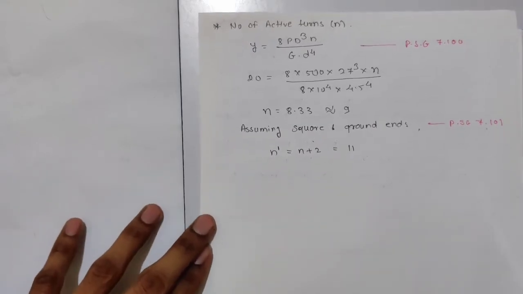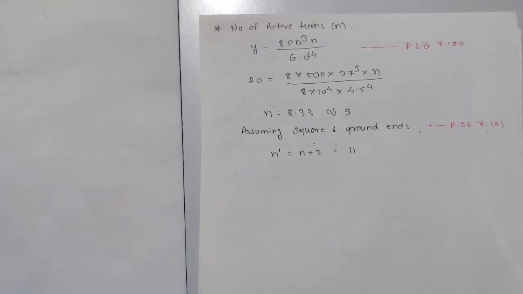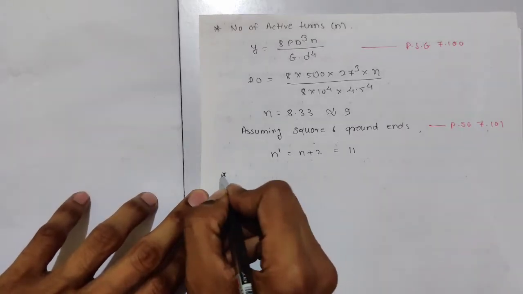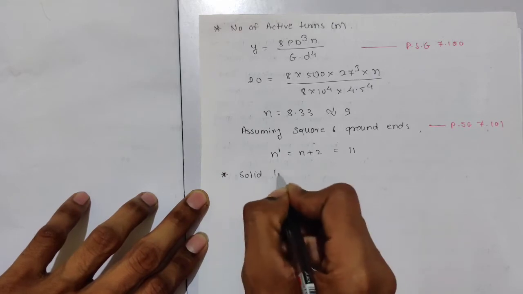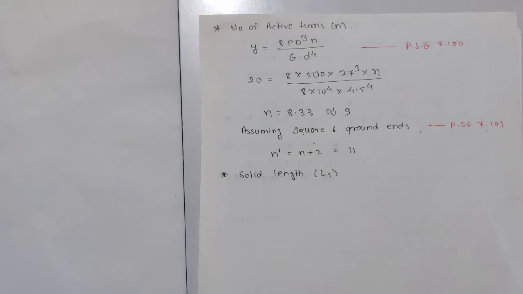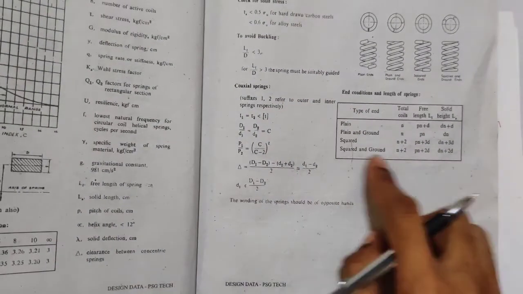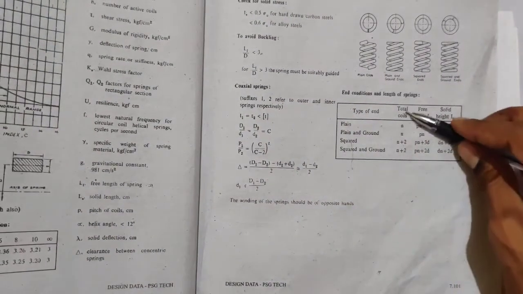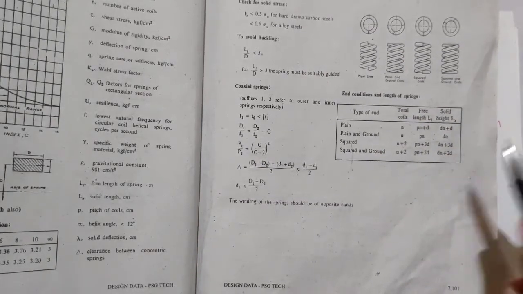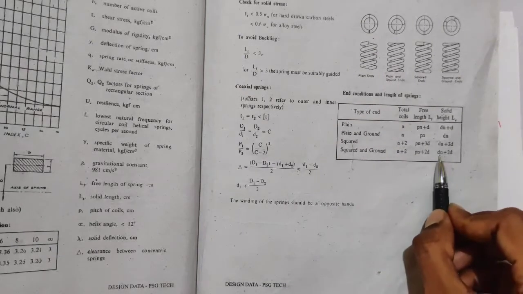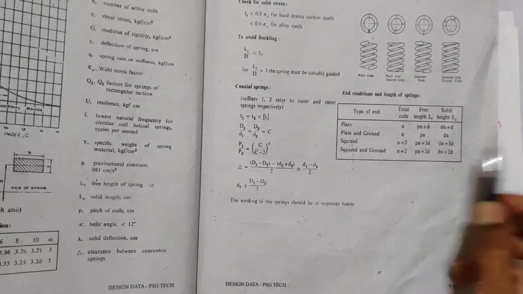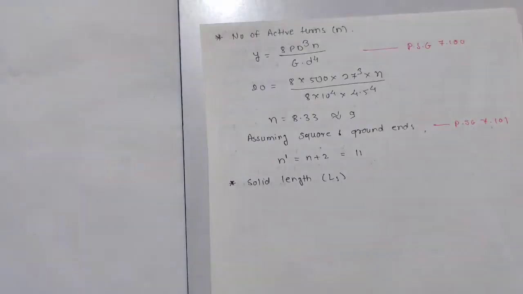So now we can go for calculating the length of the spring. First we will find the solid length, Ls. The solid length is given in the same table. We found out the total number of coils. Here the solid length Ls for square and ground ends is d into n plus 2 into d, that is dn plus 2d.